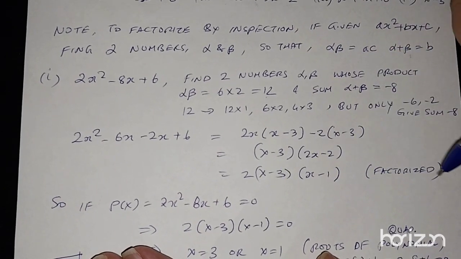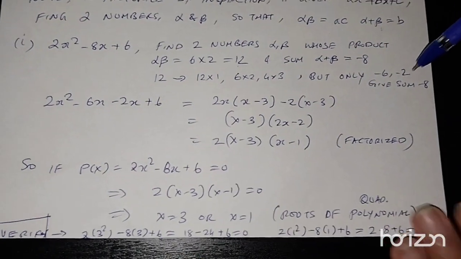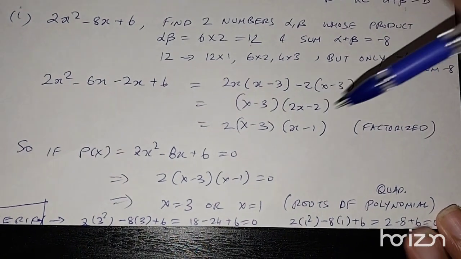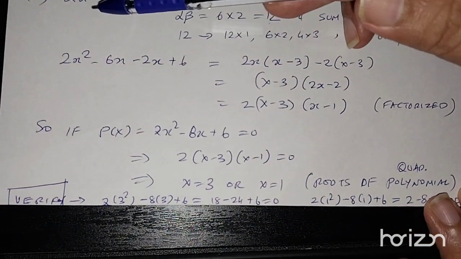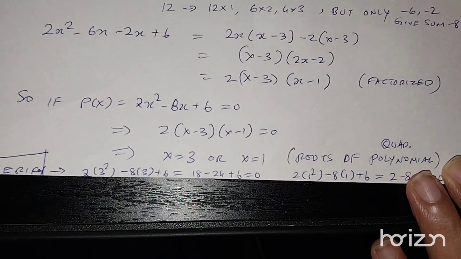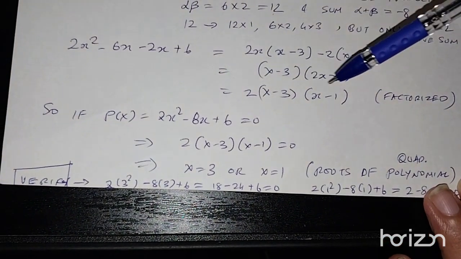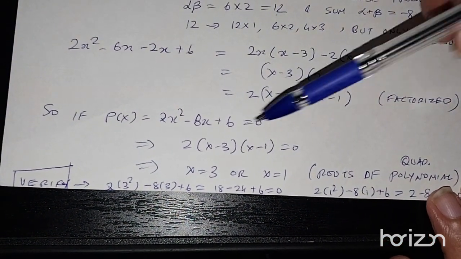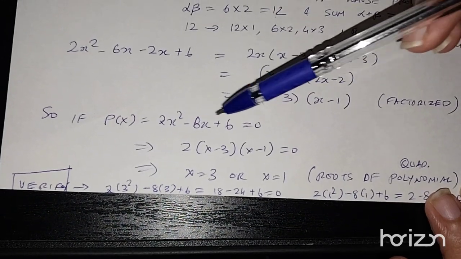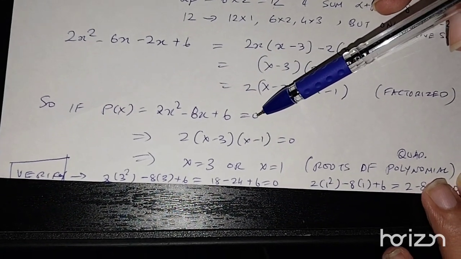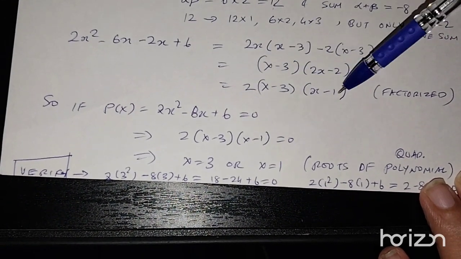So this way, by trial and error, we have factorized by inspection this polynomial 2x squared minus 8x plus 6 into 2 times x minus 3 into x minus 1. Okay, now to find the roots, we want to make this polynomial equal to 0, isn't it? We have factorized it like this.